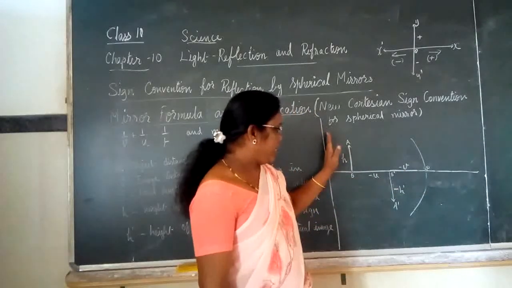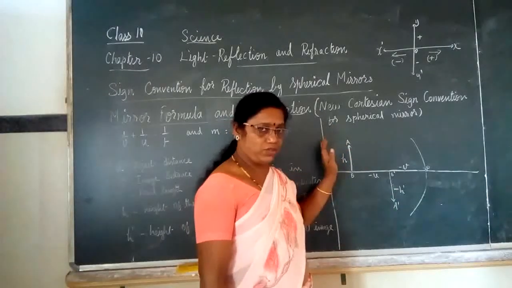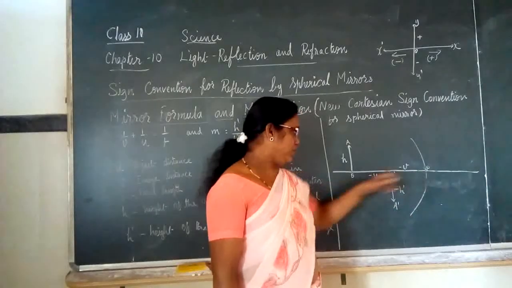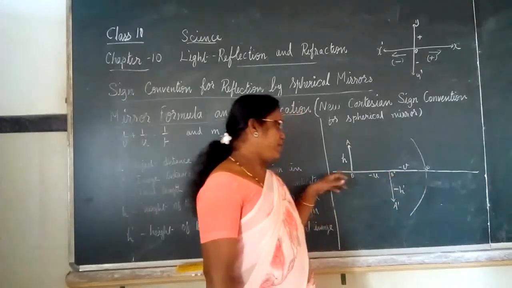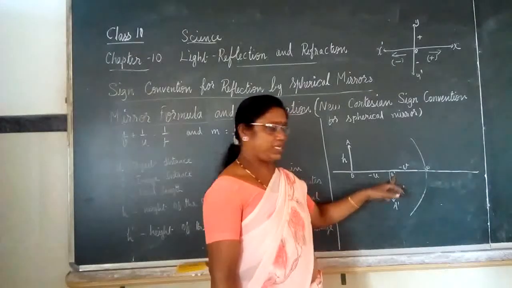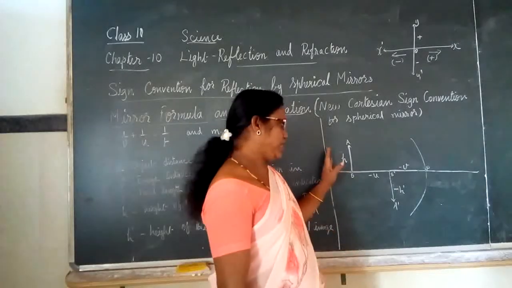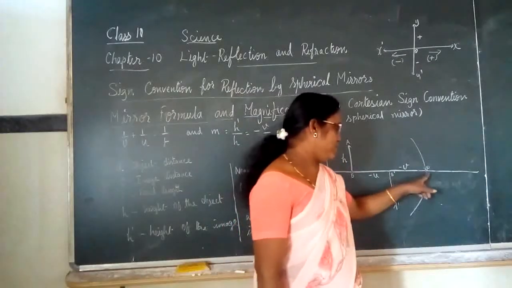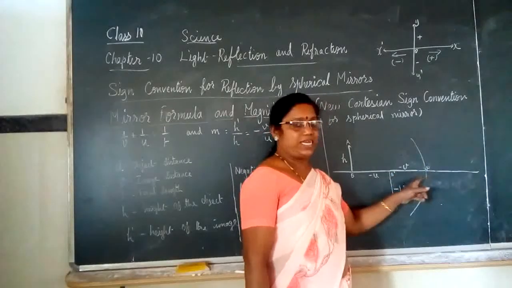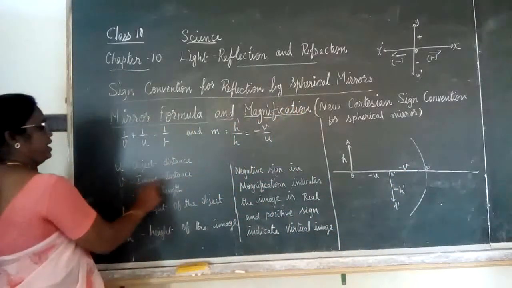If it is a concave mirror, we get an inverted image of this object at some point on the principal axis. Here we have taken A dash, B dash as the image of this object, and the distance between the pole and the image is taken as v. v is considered the image distance.